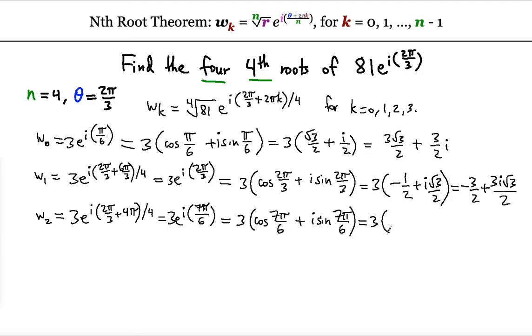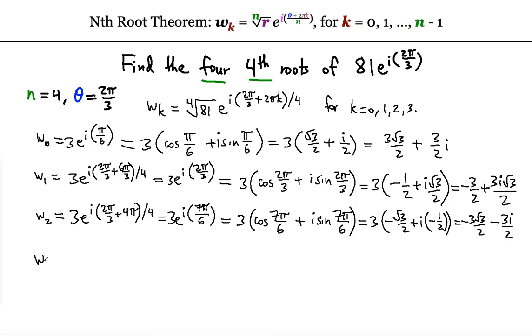So the cosine of 7 pi over 6 is going to be minus radical 3 over 2, and the sine of 7 pi over 6 is going to be negative 1/2. So this should give us minus 3 radical 3 over 2, distributing the 3, minus 3i divided by 2. Okay, so we found the third fourth root of the given complex number.